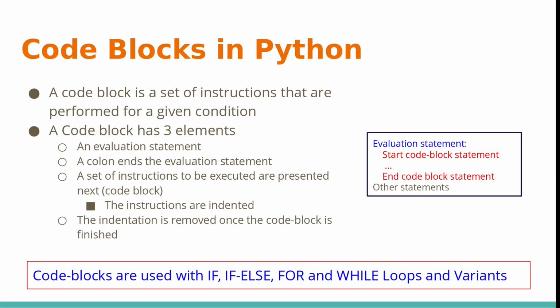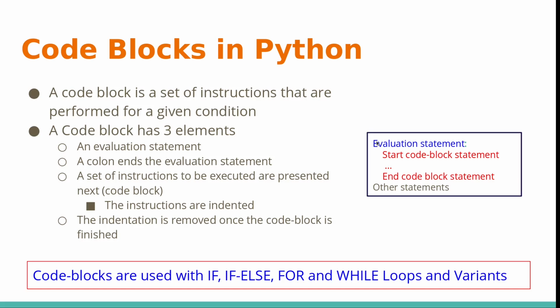I want you to notice in particular the syntax, or the structure, of the code block. The code block always has an evaluation statement. It is followed by a colon. The colon tells us the beginning of the code block, and everything in that code block is indented. Then the other statements, which are not part of this evaluation statement, are in line with the initial evaluation statement.